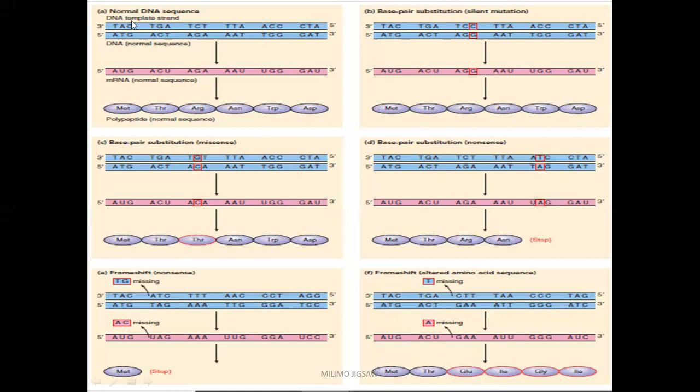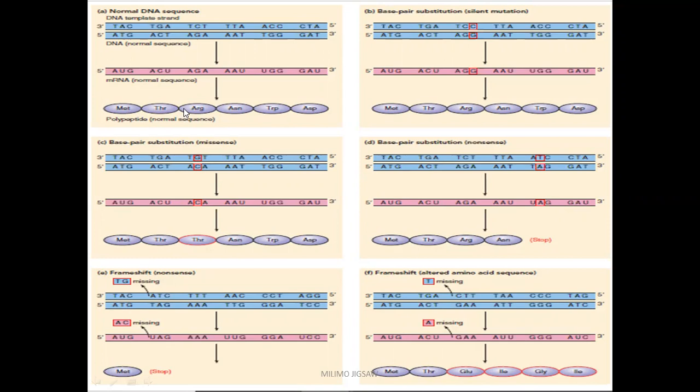The antisense strand will be transcribed into messenger RNA, and the messenger RNA has a normal sequence here, and we have a normal sequence of the polypeptide. The first diagram on your top left describes the normal process. It has a normal template DNA, a normal messenger RNA, and a normal polypeptide sequence for the primary structure.